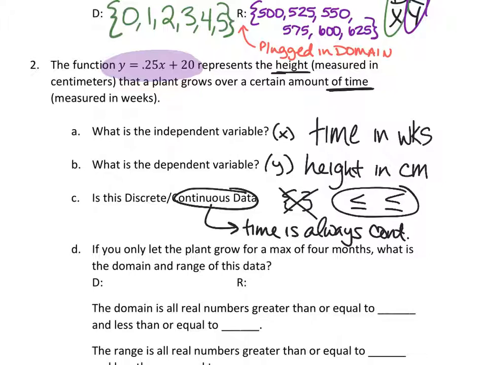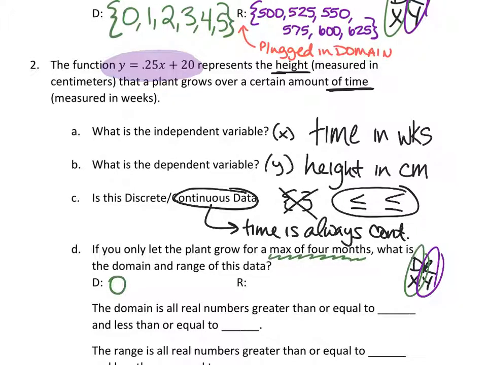All right, we're only going to let this plant grow for a maximum of 4 months. What is the domain and range of this situation? Well, I saw domain and range, so I write down DR XY because I know that helps me. Domain is the input. What's the least amount of time that I could let this plant grow? 0 time. I just planted it, right?